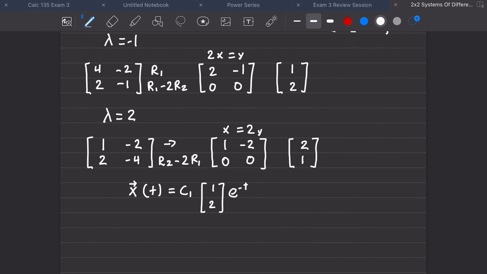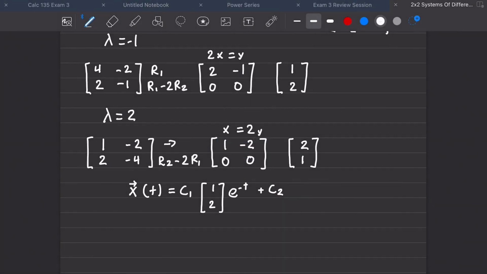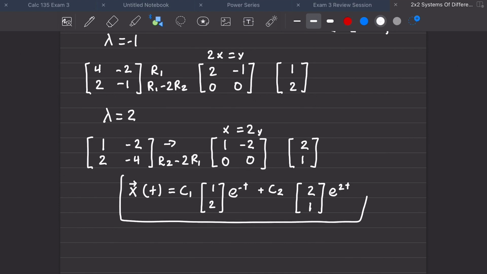Hopefully that makes sense. And then plus c2 times 2, 1, and that's not very neat. Sorry about that. But this is pretty much it. Just be careful that you label everything so you don't get your eigenvectors and eigenvalues messed up. That would be unfortunate. That's pretty much all there is to it. This ends up being our entire solution.